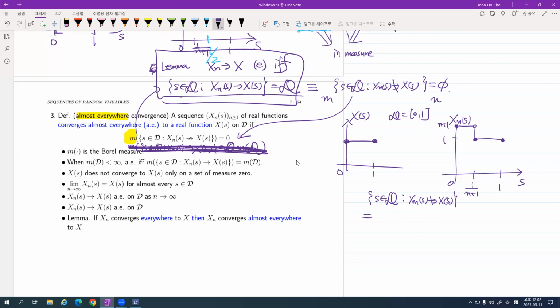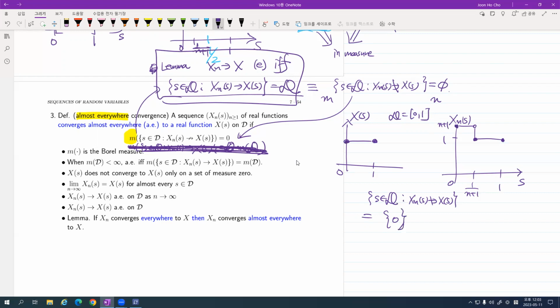At s equals 0, which should now be considered because we included 0 in D. At s equals 0, if you increase n, what happens? It diverges to infinity. What else? Nothing else, right?